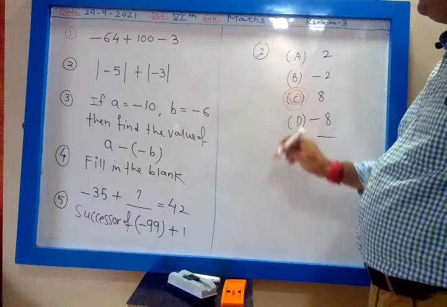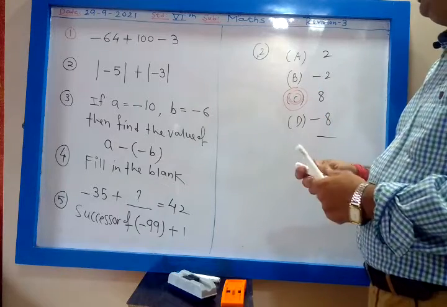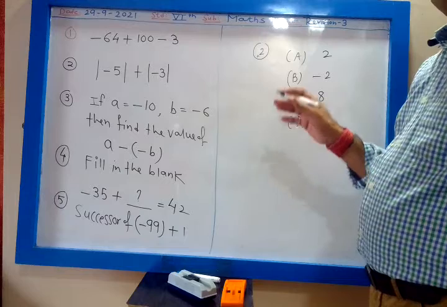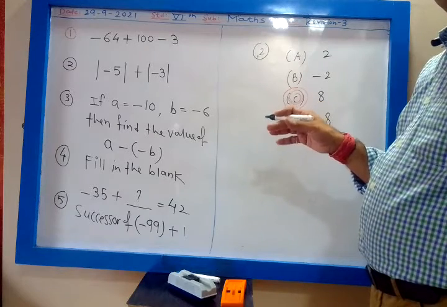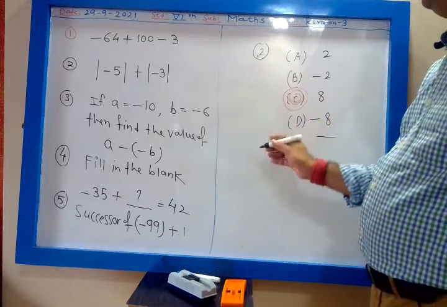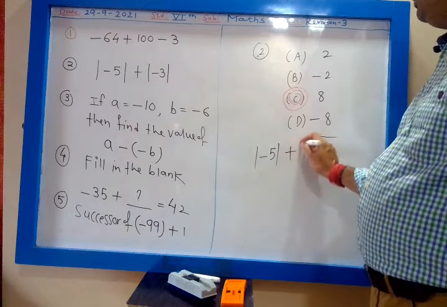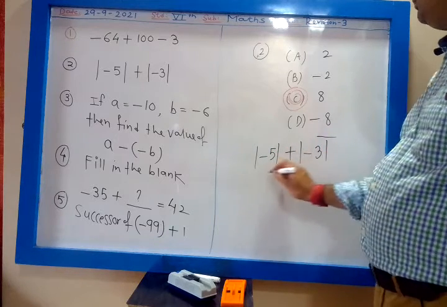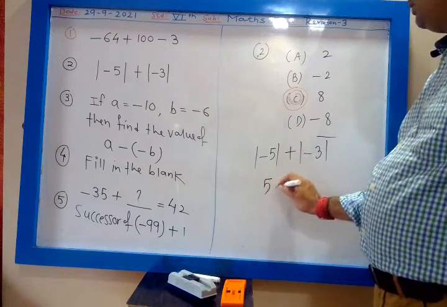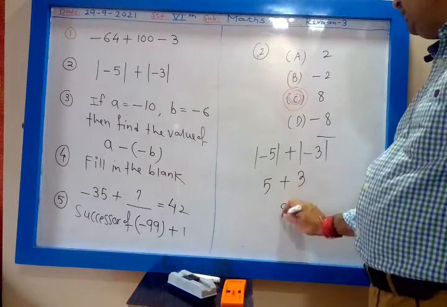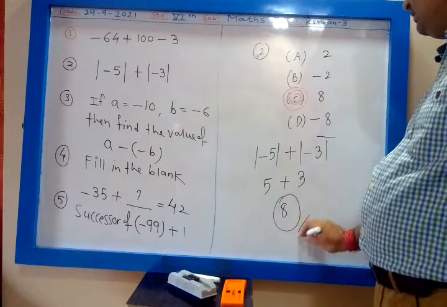Why? See the reason. The absolute value of any negative number is positive. A positive number is positive, but any negative number is also positive. So the absolute value of minus 5 plus the absolute value of minus 3: the absolute value of minus 5 will be plus 5, plus the absolute value of minus 3 will be 3. 5 plus 3 is 8. So the correct answer is 8.